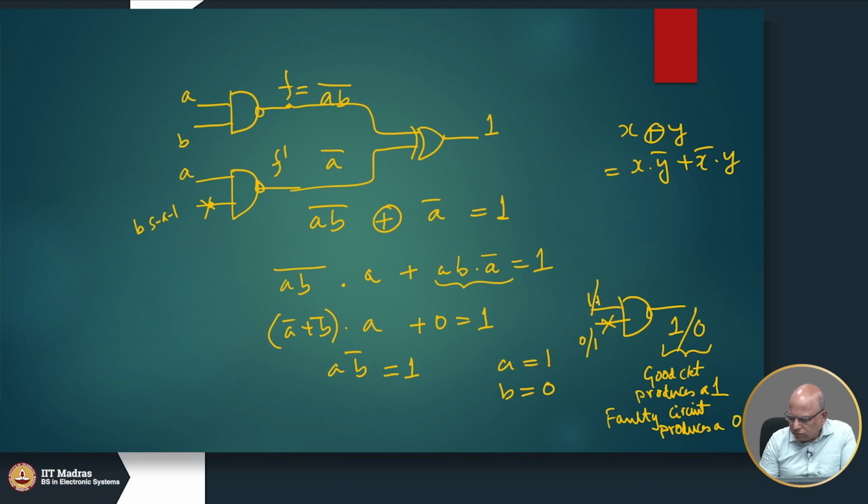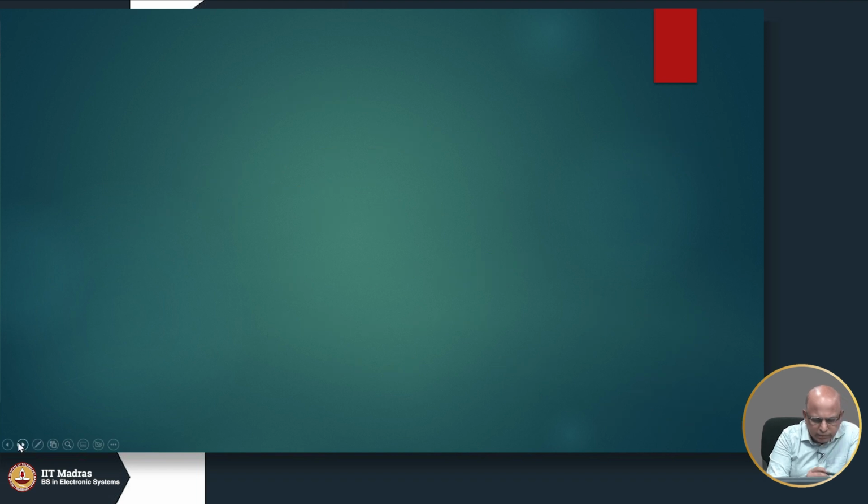A faulty circuit will take a 1 and a 1 and produce a 0. Okay. So, this is an important notation that all of us need to remember, right. It will become useful to me later, right. So, let me give you one more example. Okay. Let us take a little more complex example.